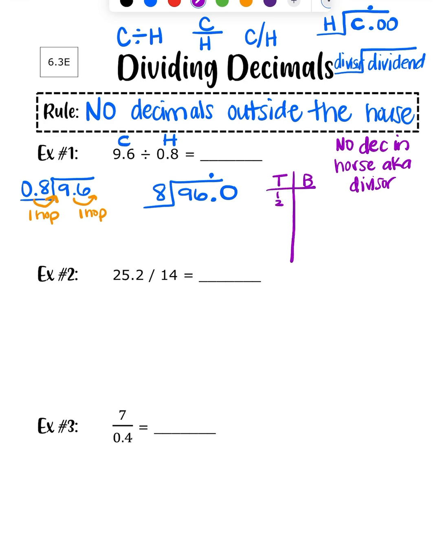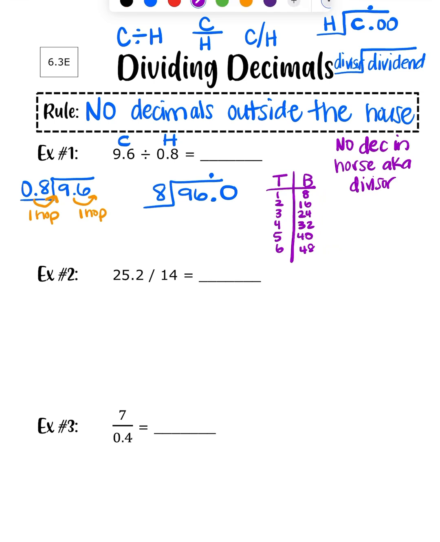So 1, 2, 3, 4, 5, 6. And on the side with the bottom, I'm going to count by my outside horse, okay? So I'm going to count by my 8s. So I have 8, 16, 24, 32, 40, and 48. And that top-bottom chart is just going to help me as I divide this problem. That way I don't have to think about my 8s. I have them already written right here.